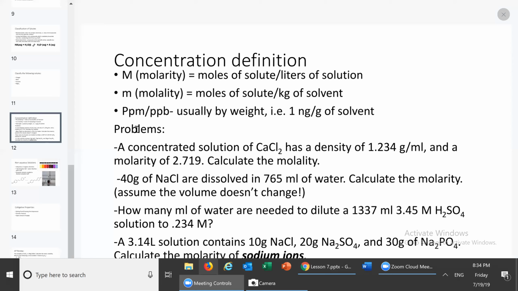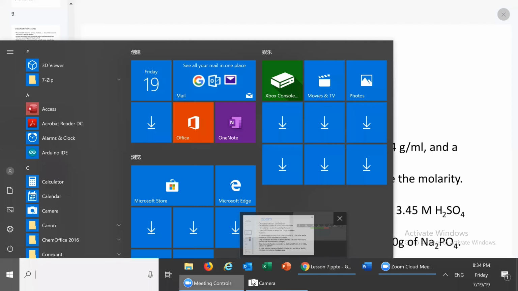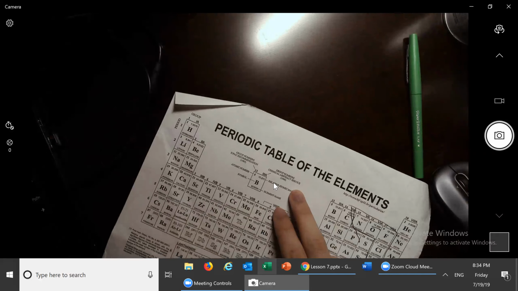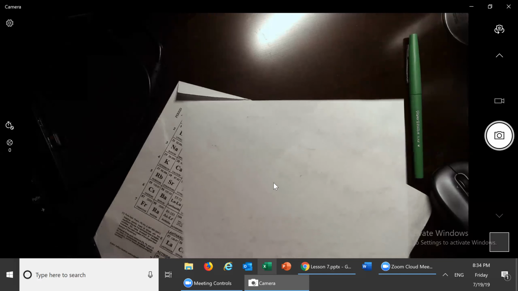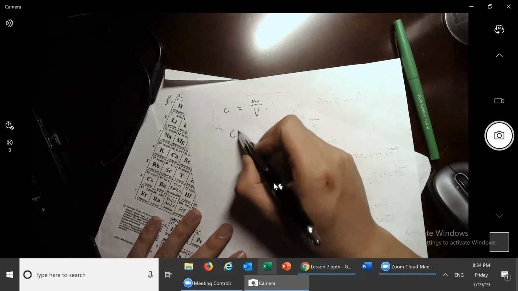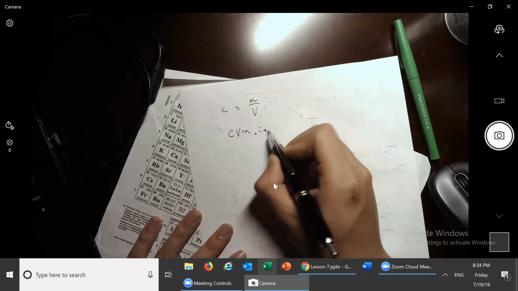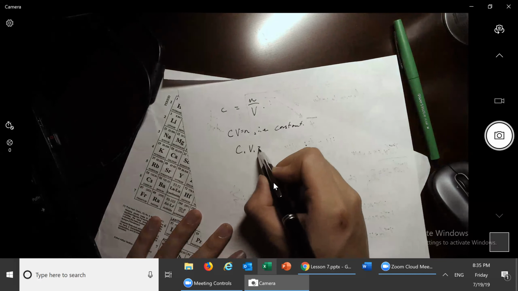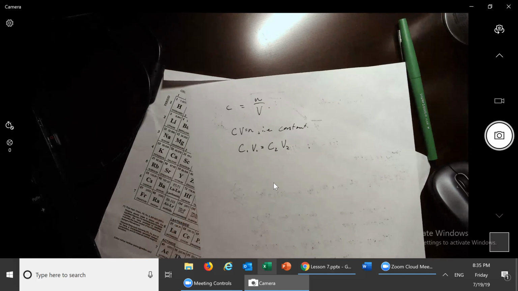So what's the conclusion? Okay, so concentration equals... okay, so then therefore C1 V1 equals C2 V2, and we need to find the new volume.